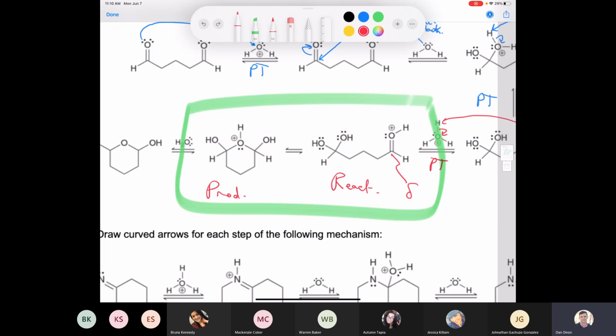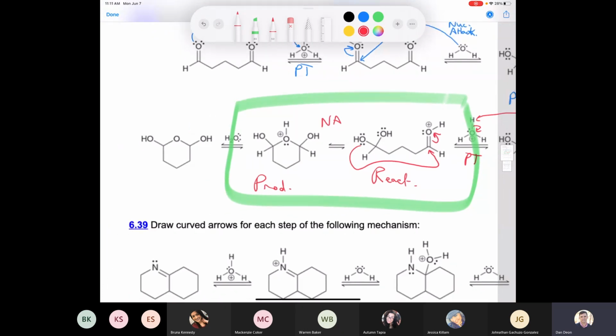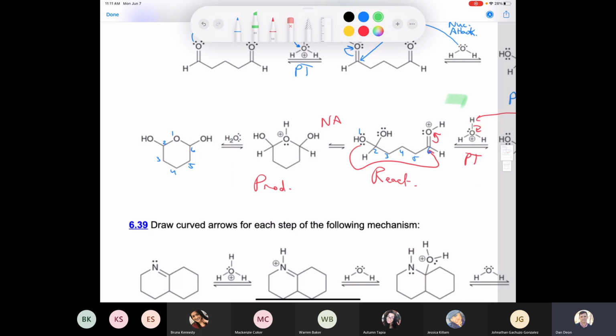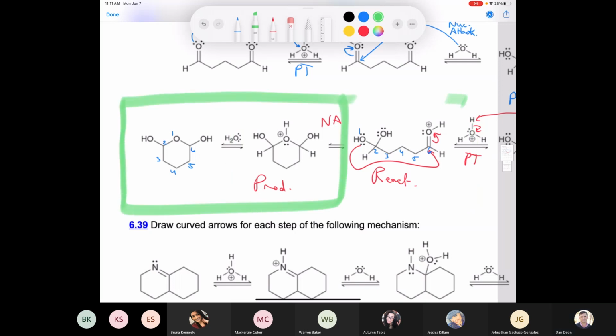So this is going to be another nucleophilic attack. One of these hydroxyls is going to attack the electrophilic center. I'm going to push my electrons up like this, and then you can count the number of atoms in the ring: 1, 2, 3, 4, 5, 6 atoms in the ring, right? There we go.